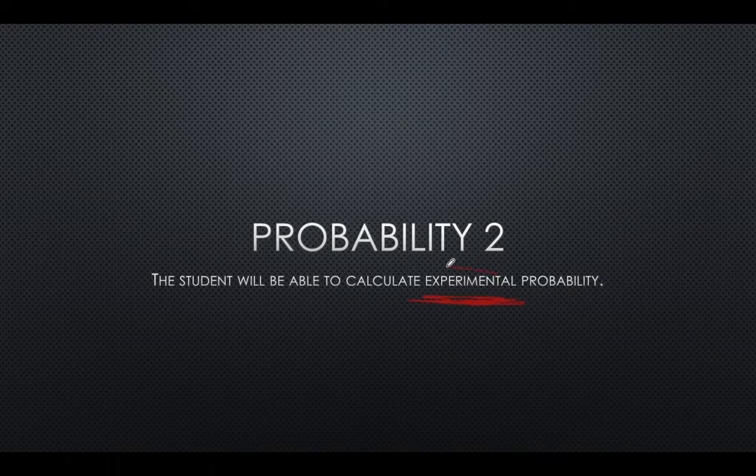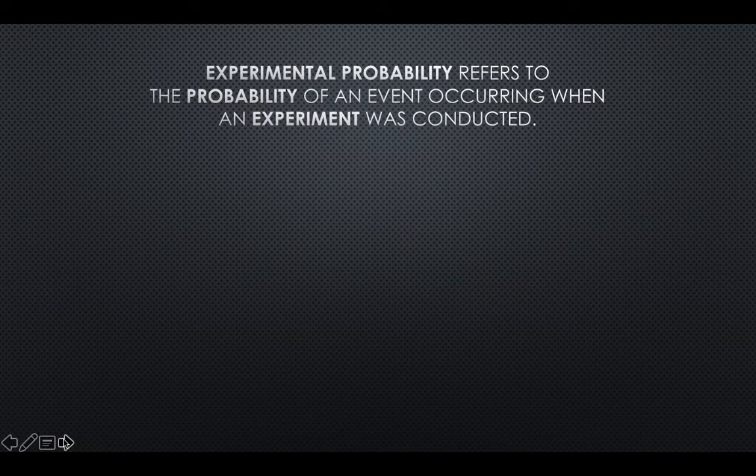So, in the word experimental is experiment. Mostly there's going to be some experiment or some event that's already happening, and they've given us data already, and so we're able to calculate experimental probability. I think you'll see these problems are worded a little differently now, so it just requires a little bit of thinking or reading to know the difference.